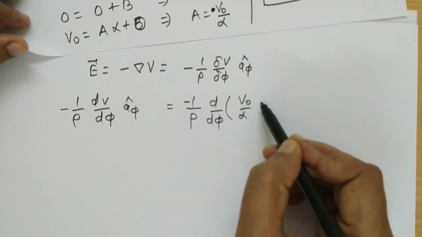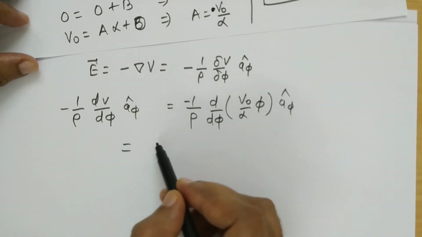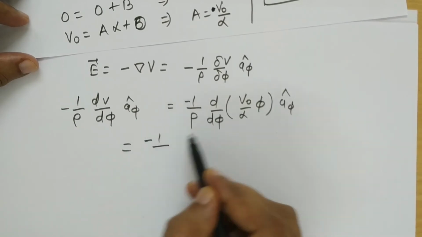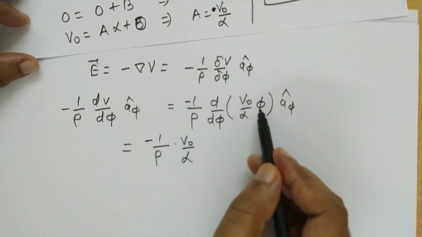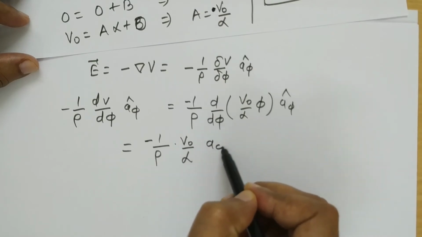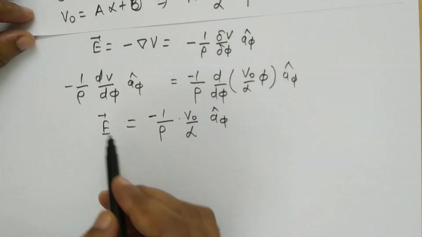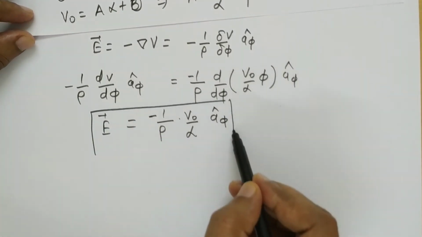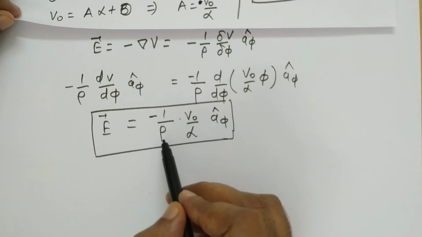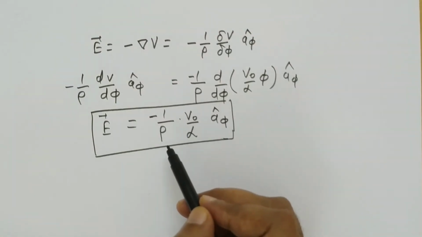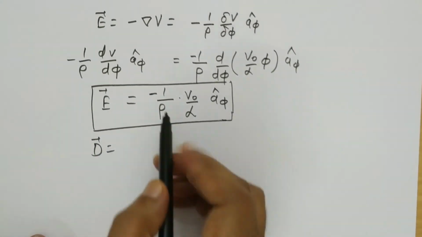So V0 by alpha phi a phi, which is equal to minus 1 by rho V0 by alpha, since V0 and alpha are constants and we can take them out, and d phi by d phi is 1, in the a phi direction. This is given as the electric field. We can see that the electric field is not a function of phi, but the electric field is a function of rho. This is interesting.